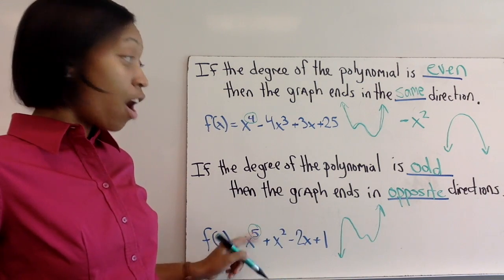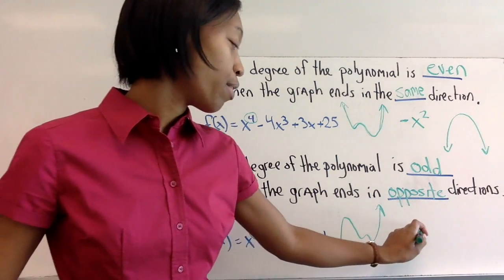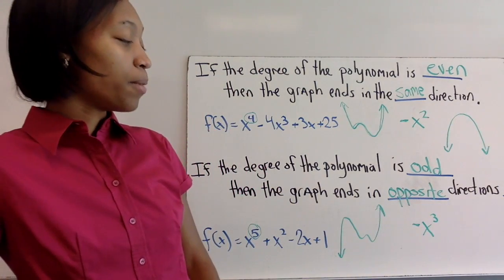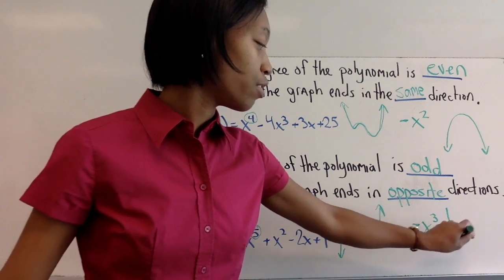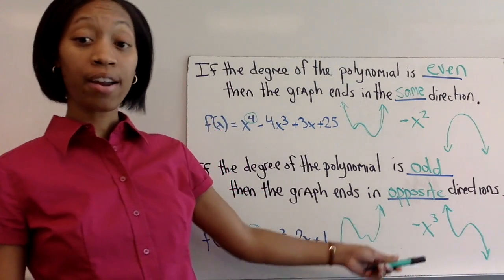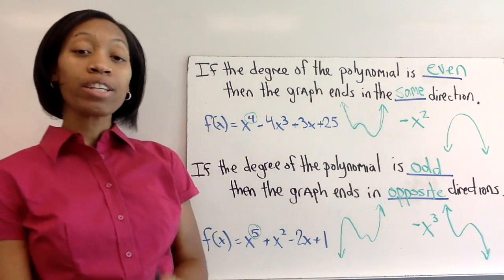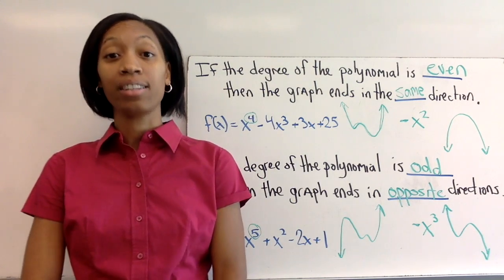So odd degree, they're going in opposite directions. Same thing with negative x cubed, I have 1, 2, 3. One arrow is going up, the other arrow is going down. So when you're looking to find the end behavior, pay attention to the degree and to the leading coefficient.